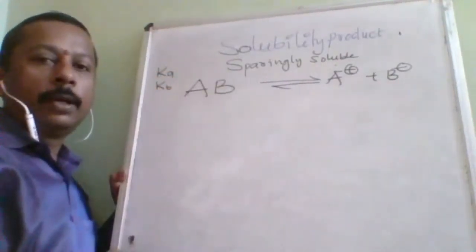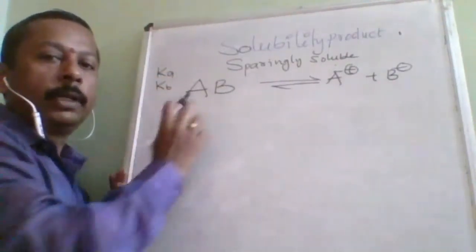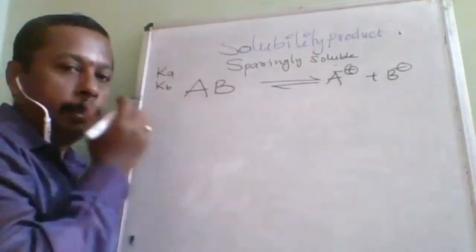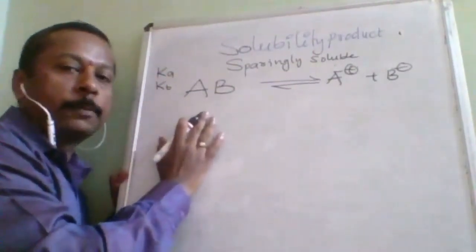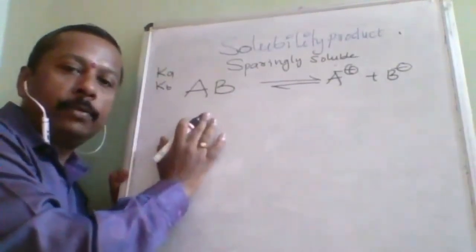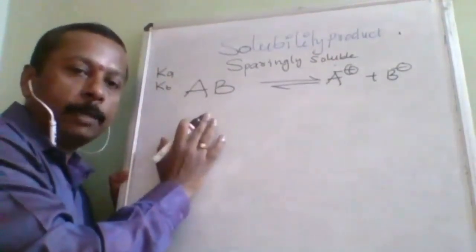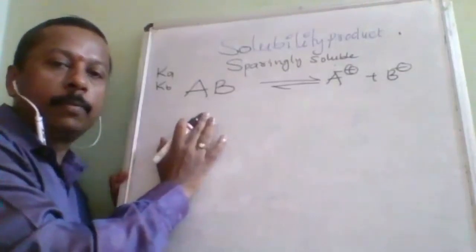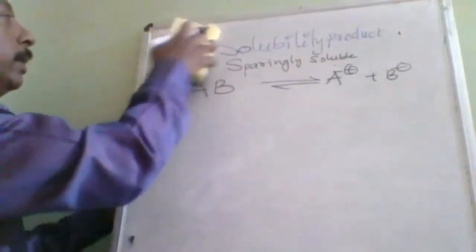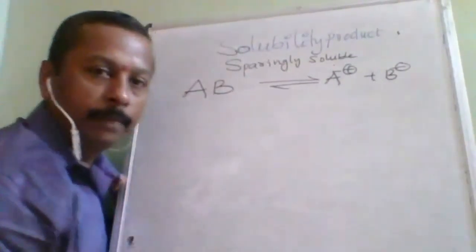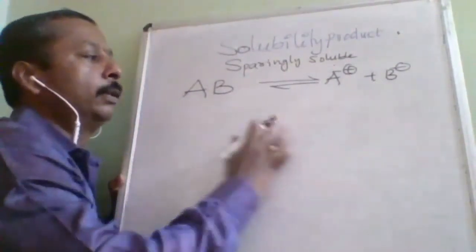But if a salt is sparingly soluble, we denote it with Ksp. So what is the purpose of Ksp? It is for the salt specifically. But as a universal fact, it can be applied for acid and base also along with the salt. We already discussed Ka and Kb in the previous lecture. That's why I am focusing on the salt.